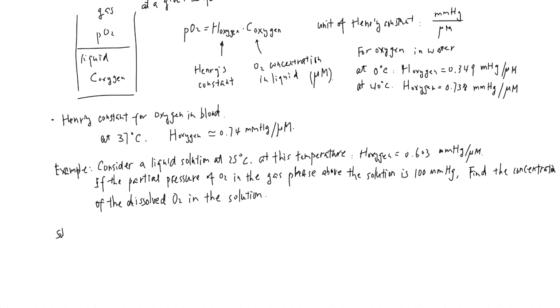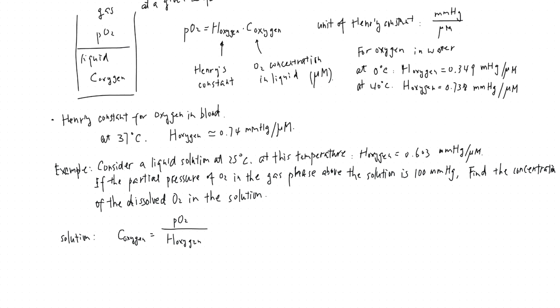So to solve this problem, we will directly use Henry's equation. Now we are going to find the concentration of oxygen. So we rearrange this equation. It equals the partial pressure divided by the Henry's constant.